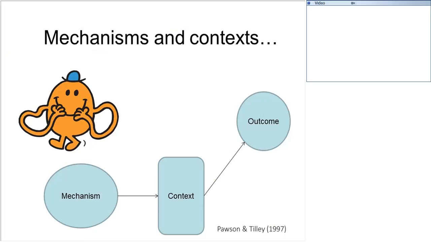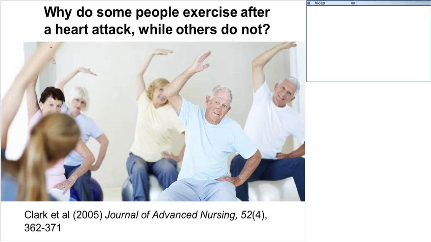So when we think about randomized controlled trials and we think about interventions, think about Mr. Tickle. Think about the social stigma of the tickle and recognize the power of an intervention is not in itself. It is in the context in which it's administered and the mechanisms through which that happens. This has been used in relation to research to address why some people exercise after a heart attack while others don't.